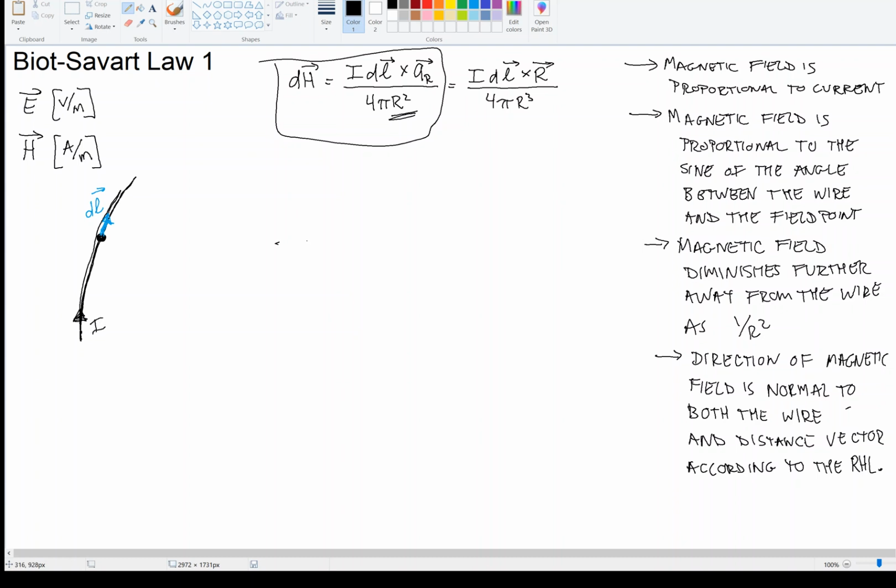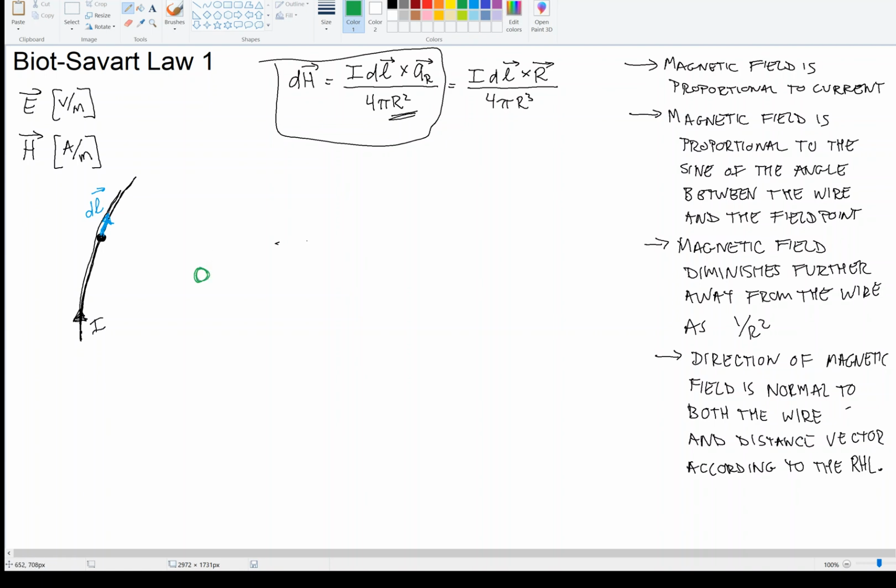Okay, now the claim is that piece of wire right there is giving off a magnetic field. In fact, every piece of wire is giving off a magnetic field. And let's say I want to determine the magnetic field, how about at this point right here?